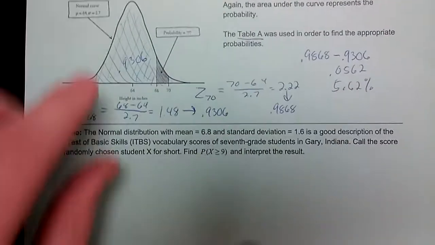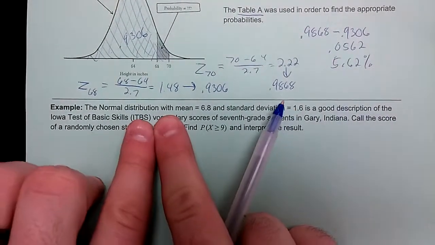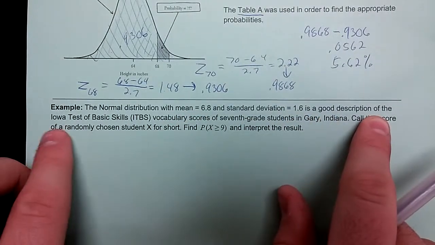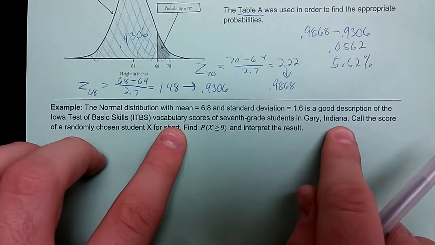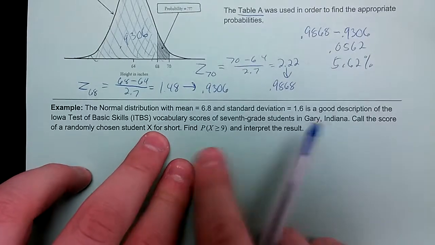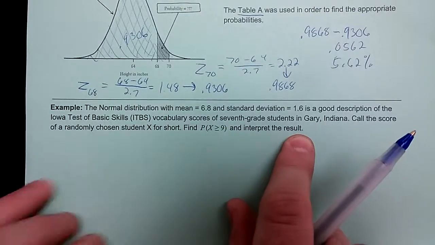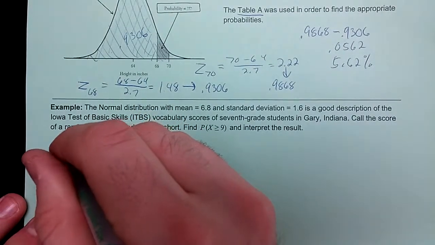Let's do an example with a normal distribution again, in a continuous random variable. The normal distribution with a mean of 6.8 and a standard deviation of 1.6 is a good description of the Iowa Test of Basic Skills vocabulary scores of 7th grade students in Gary, Indiana. Call the score of a randomly chosen student X for short. Find the probability that X is greater than or equal to 9 and interpret the result. So when you're finding this, you need to turn 9 into a z-score.